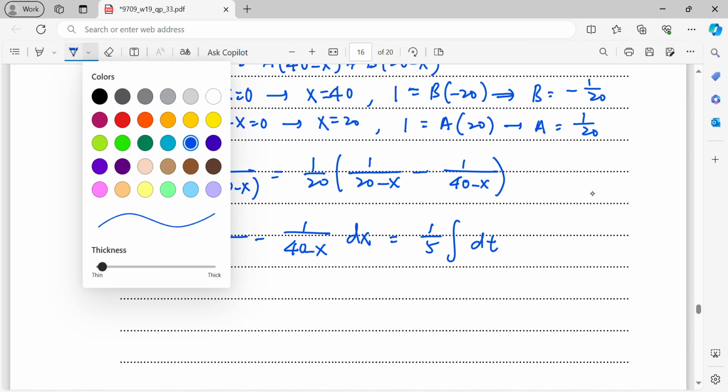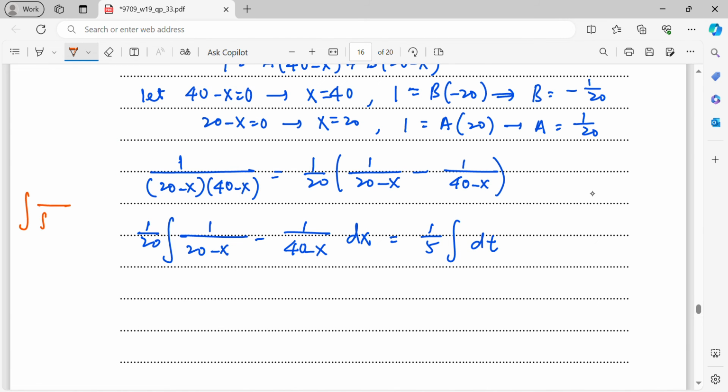Now for the first part, to integrate f prime x over fx with respect to x, make sure the numerator is f prime x, then this will be ln of fx plus c. From here, I can split it into two integrations. So this is dx, then I minus another integration and times by 1 over 20.